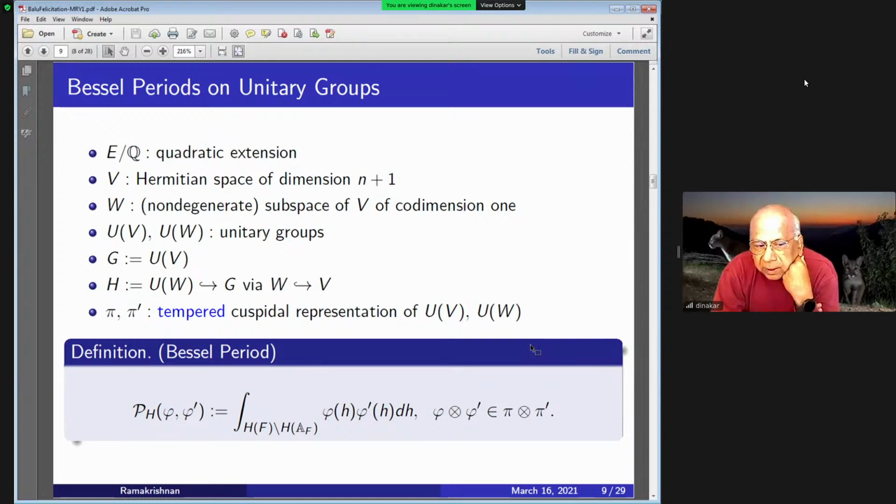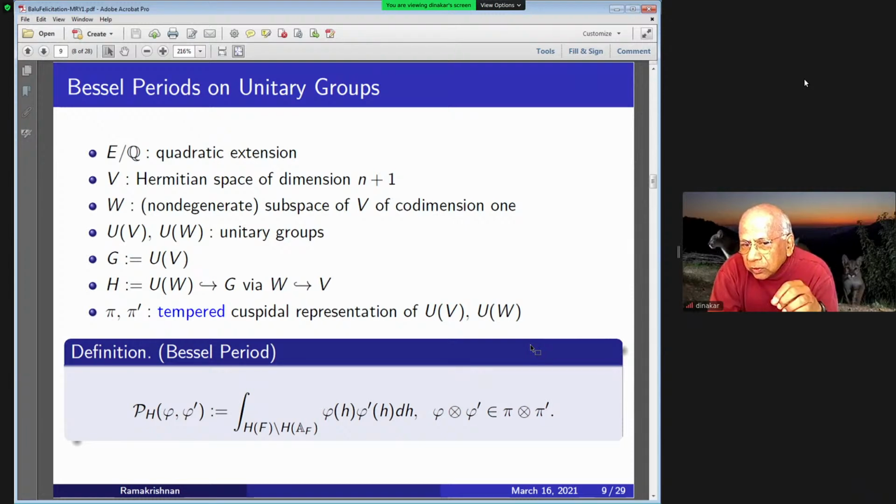But one of the basic things that helps us in general is that when you go from U_{n+1} to U_n, it's not too small and it's not too big. It's just kind of perfect in that you have some multiplicity one results, and it makes them what people call Gelfand pairs. And the fact that so many things are done for U_n inside U_{n+1} is because they are Gelfand pairs.